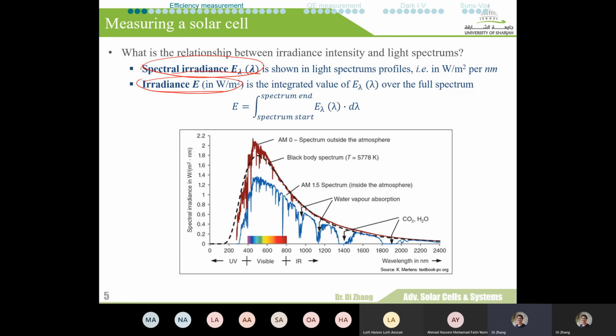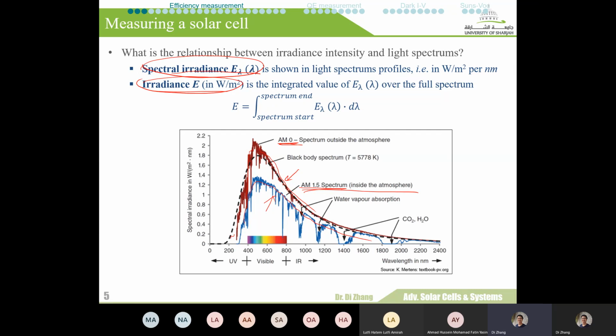So here we have the AM 0 spectrum, which shows that at a certain wavelength we have a certain intensity. Then we have the AM 1.5 spectrum, which shows a different spectral irradiance, a different shape. Because of the different shape, we consider these two light sources completely different.